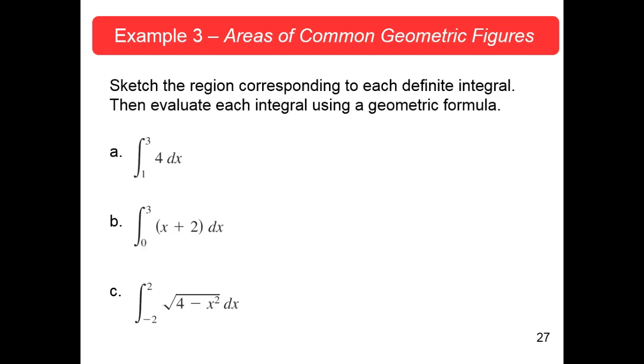They say sketch the graph of each of these, and evaluate each integral using a geometric formula, not using the others. You tell me how to graph f equal 4.